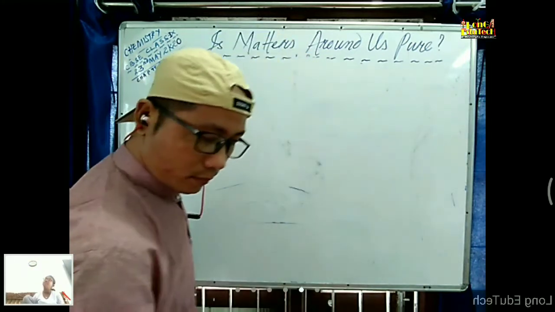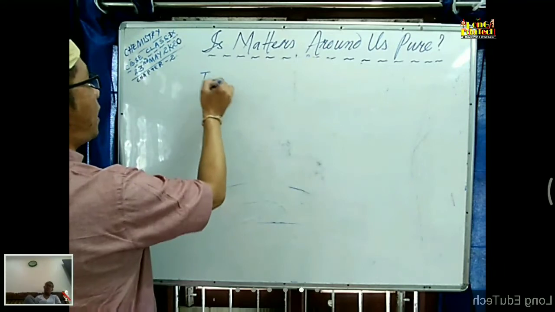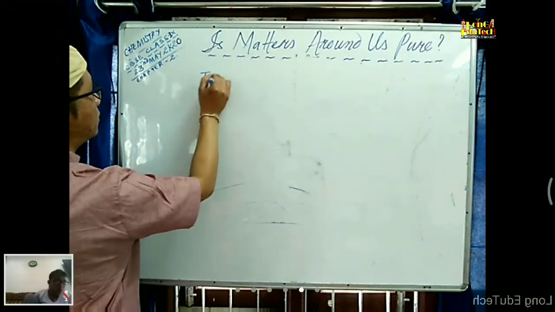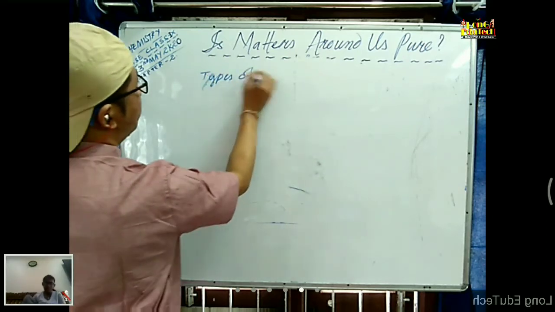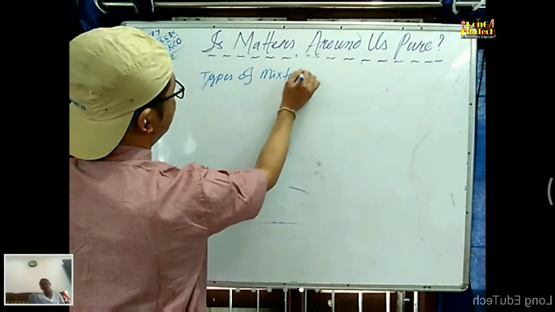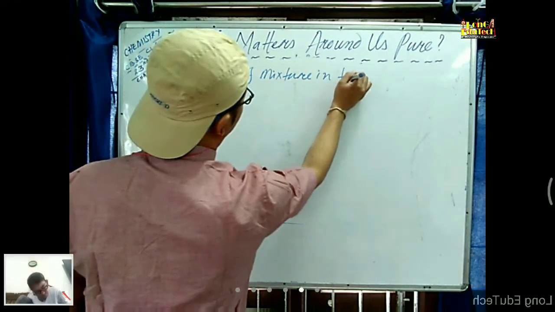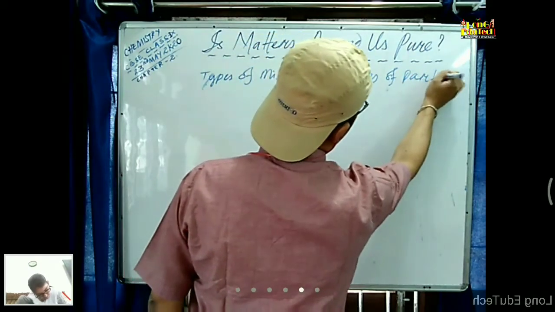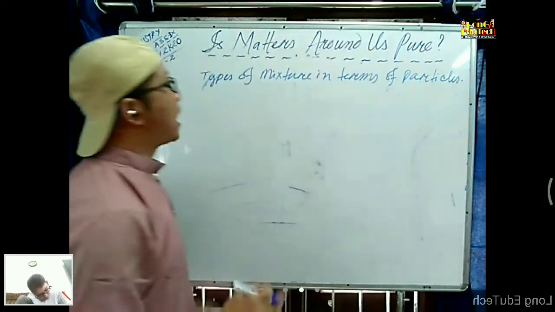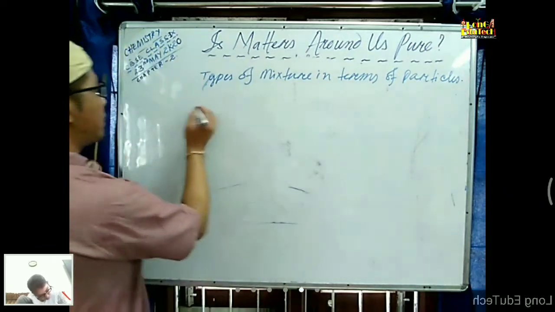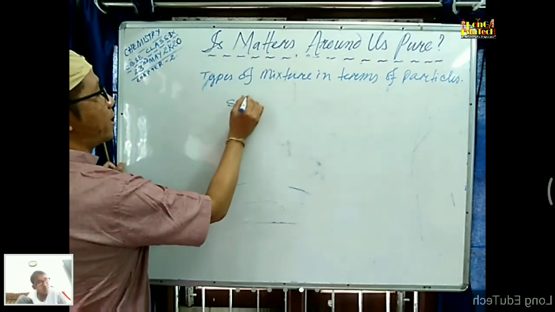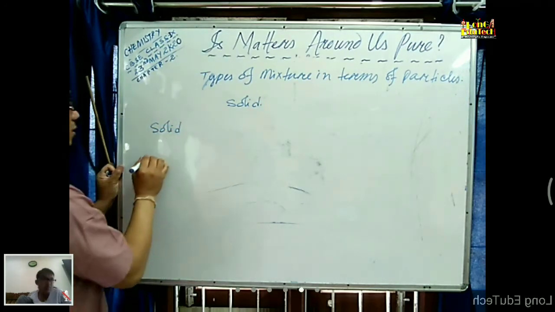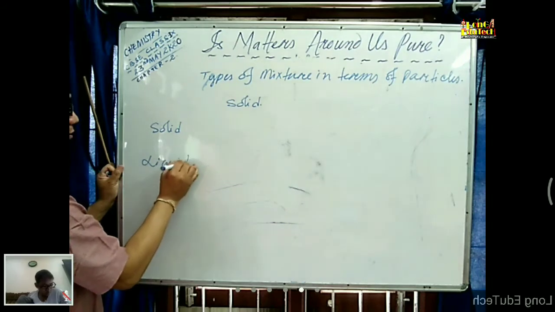Let's see now. Here I categorize the mixture again. Types of mixture in terms of particles. We have to make a table: solid, liquid, and gas.